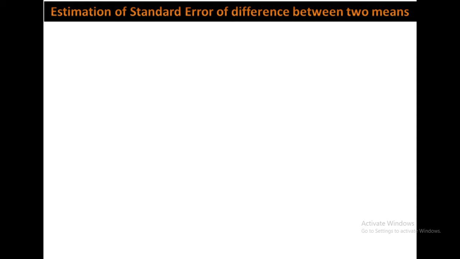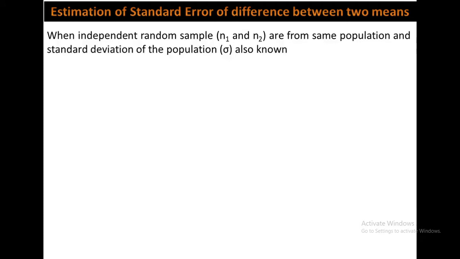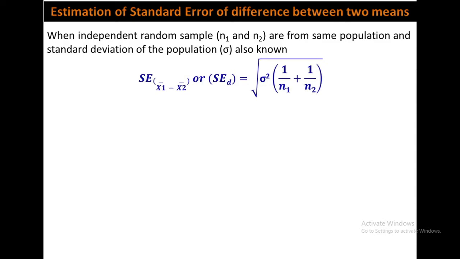Estimation of standard error of the difference between two means. When independent random samples n1 and n2 are from the same population with population standard deviation sigma, the standard error of the difference between two means can be calculated using the following formula: SED equals square root of sigma squared times (1 over n1 plus 1 over n2).